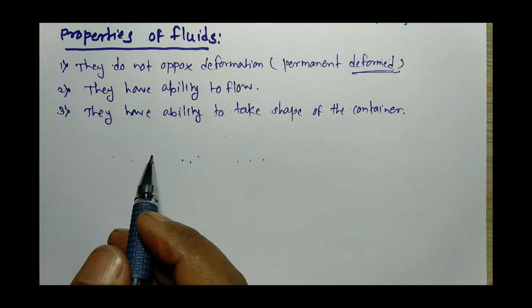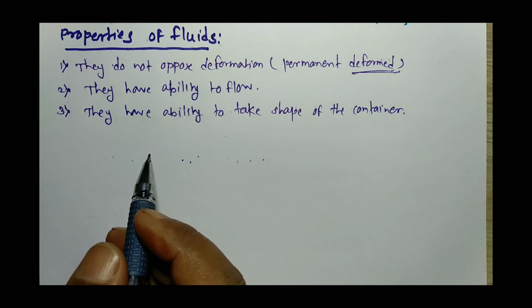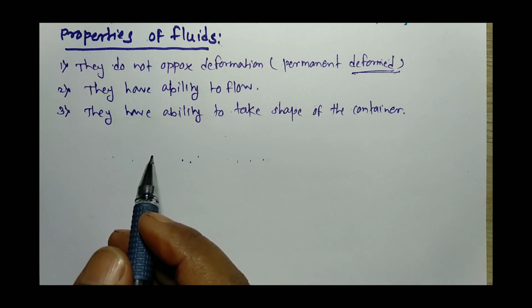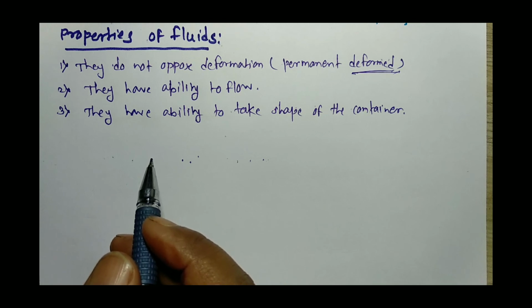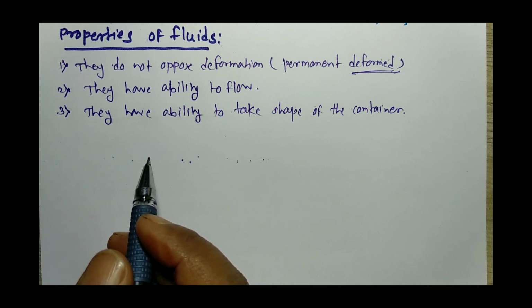Pressure is one property, acting vertically or horizontally. Inside this we will consider pressure due to a liquid column, and atmospheric pressure. Those are the different points, and then we will go with absolute pressure and gauge pressure.